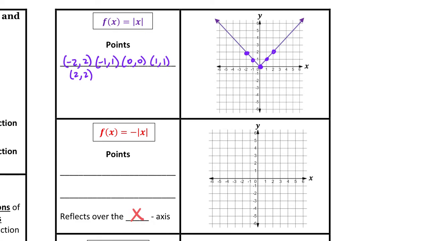If I put my reflection line, my mirror, if this blue line, the x-axis, is going to be my reflection, then the graph, let me pick red, is going to do the following.